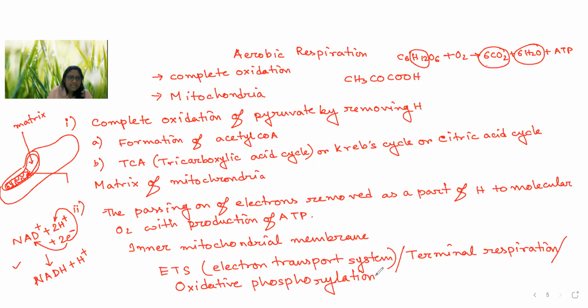So this is the scheme of aerobic respiration. Is this part clear? Can we now start with the processes? So today we are going to learn this one and this one. This one, that is the next part, we will learn in our next lecture.